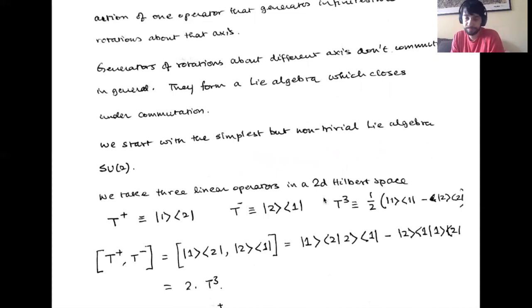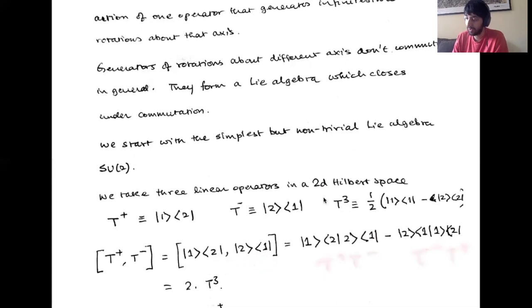So if you look at T plus T minus, you're going to look at these two operators. You want to first do T plus. This is T plus T minus, and this is T minus T plus.